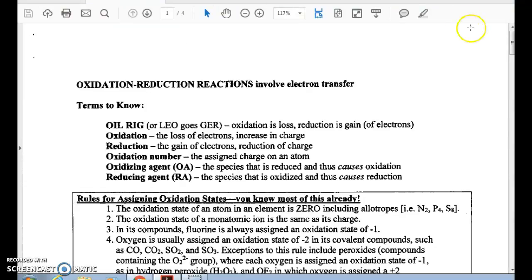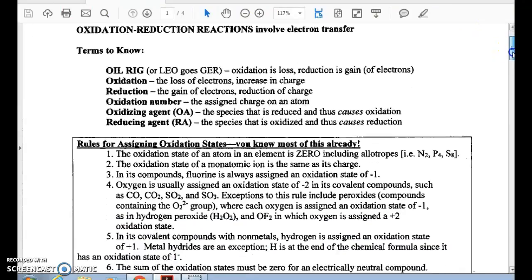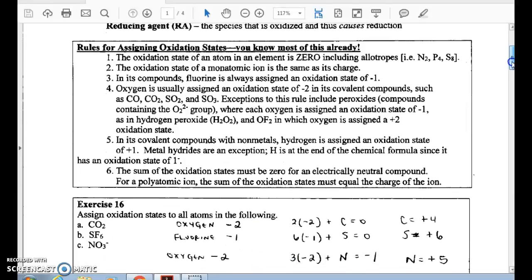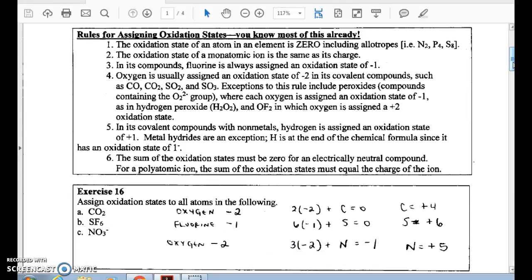So the first thing we need to do for oxidation-reduction reactions is learn some rules for assigning oxidation states. Oxidation states are sometimes the same as what we think of as an ionic charge. If it's an ionic compound, it generally is the same as the charge on the ion.